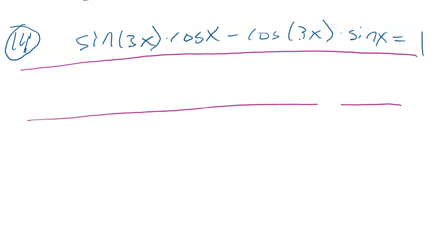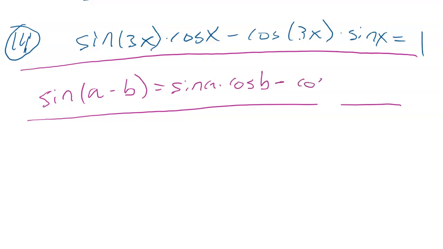Angle difference formula: sine of A times cosine of B minus cosine of A times sine of B. And we're going to use the angle difference formula.